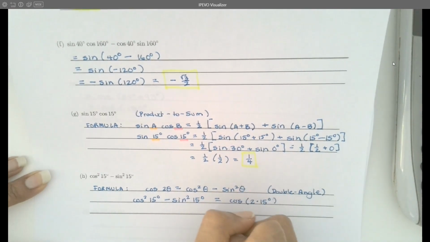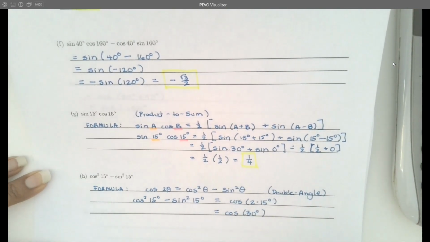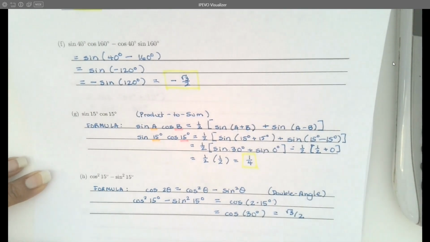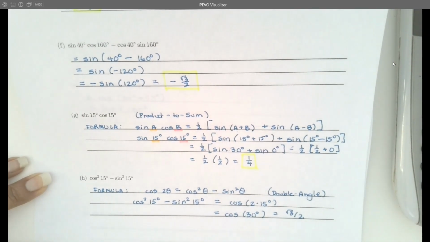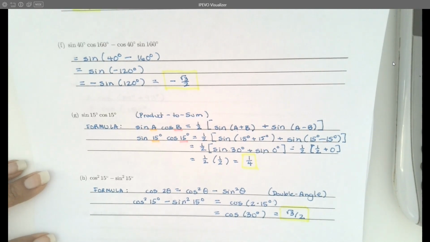Okay, then that'll give me a cosine of 30 degrees. And cosine of 30 degrees, if you take a look at the unit circle, is going to be square root of 3 over 2. Our final answer for this problem is square root of 3 over 2.